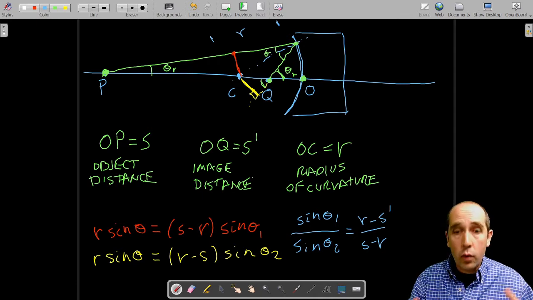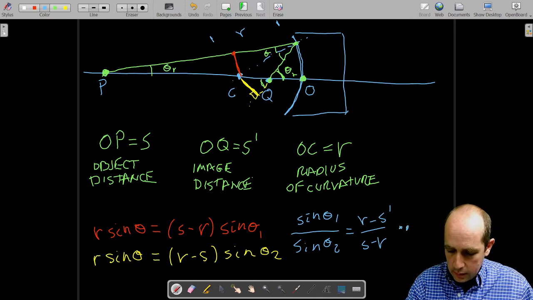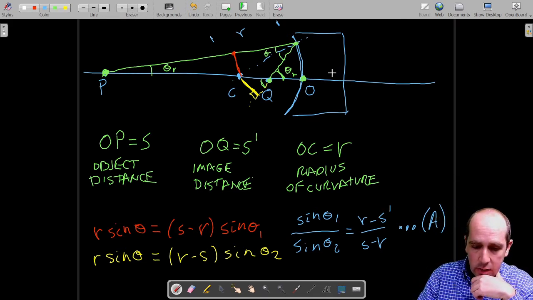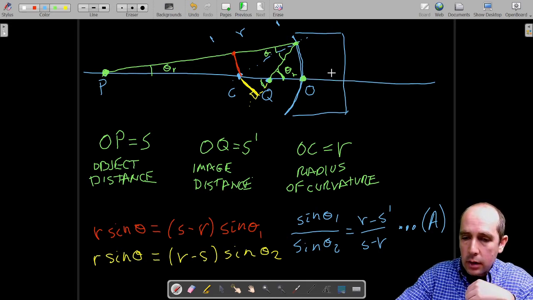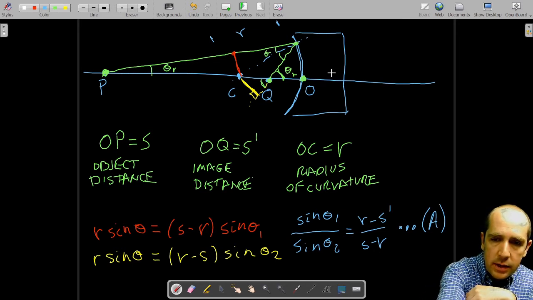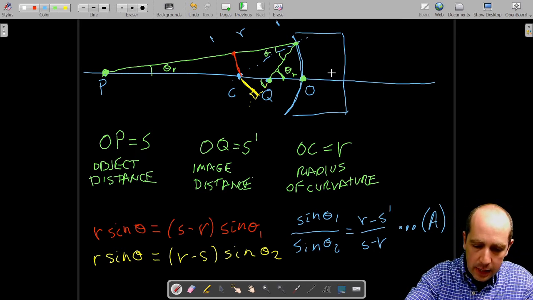And this equation we will call equation A. Okay, so this is equation A. Okay, right. So let's continue. And now let's continue with the other case that I mentioned.